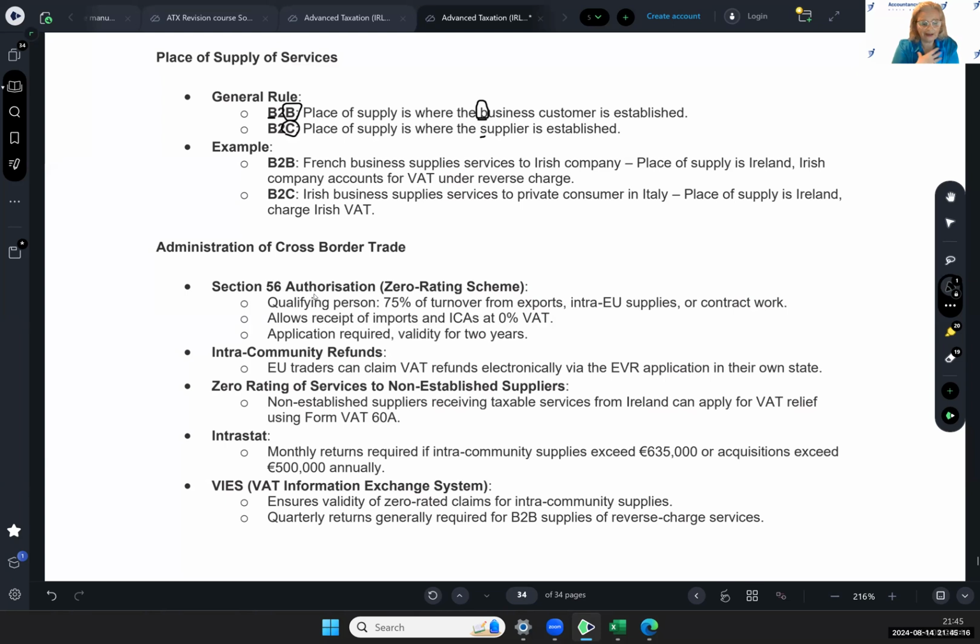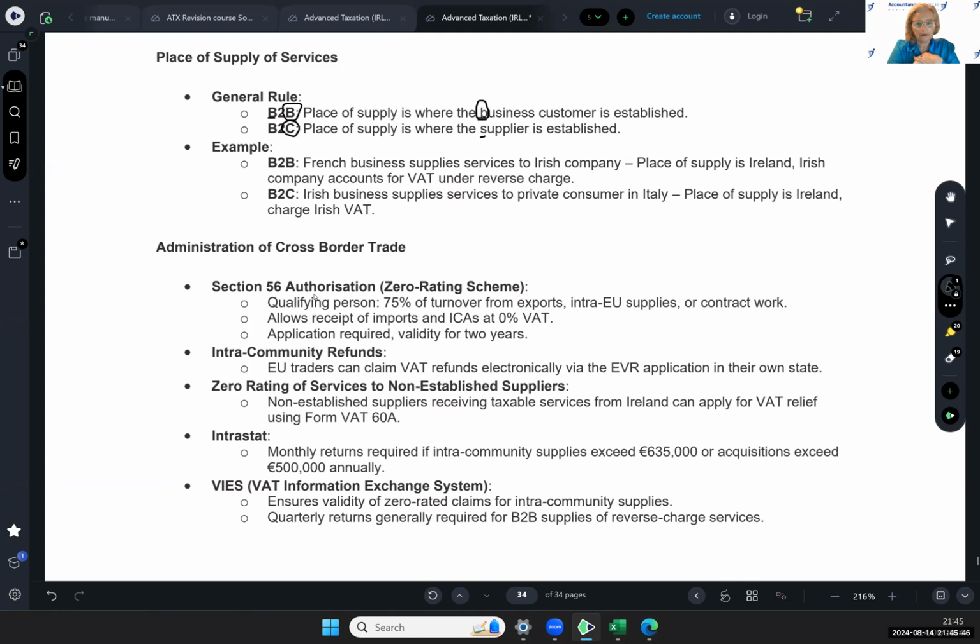So if I have that authorization and I'm buying shoes for sale in my shop, everybody else buying the shoes from that supplier will be charged VAT at 23%. When I buy them, I'm going to be charged 0%. Why? I have a section 56 authorization. All I've got to do is give the supplier my authorization and they'll quote my authorization number on the invoice and I'll get them at 0%.